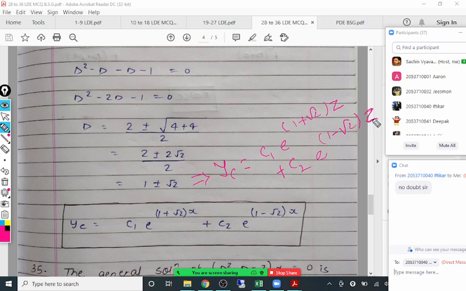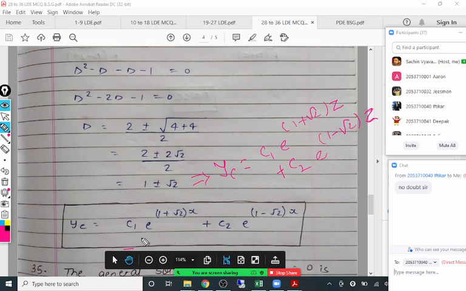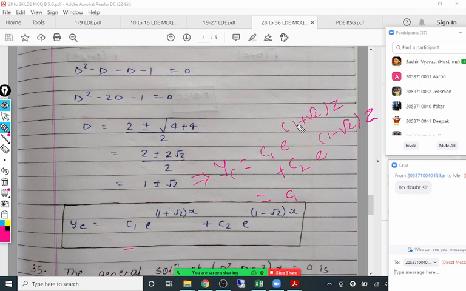And now you can replace z by log x. If z is log x, then the final answer should be C1 x raised to 1 plus root 2 plus C2 x raised to 1 minus root 2.